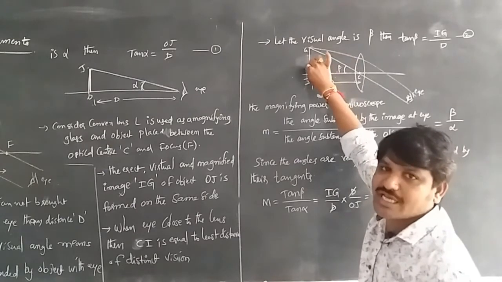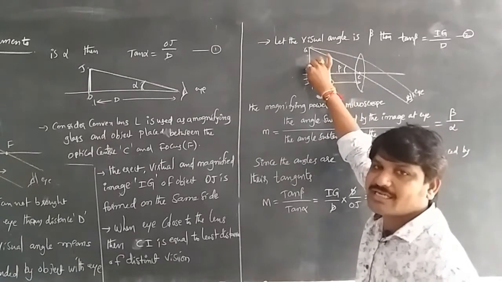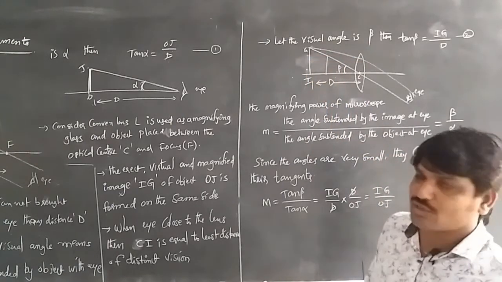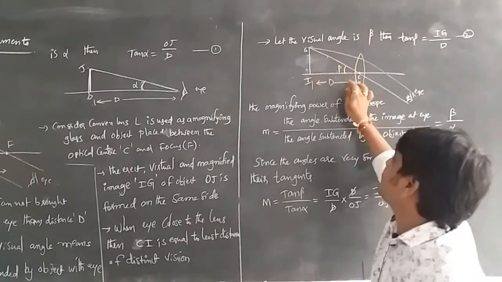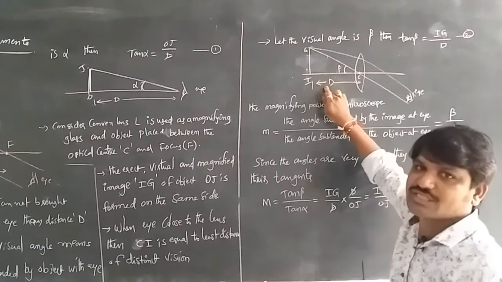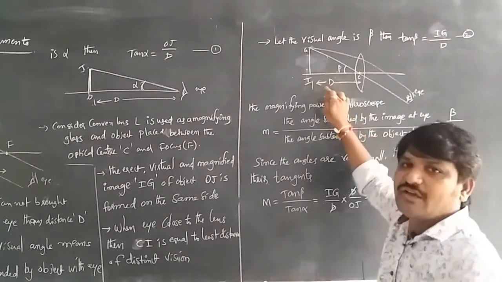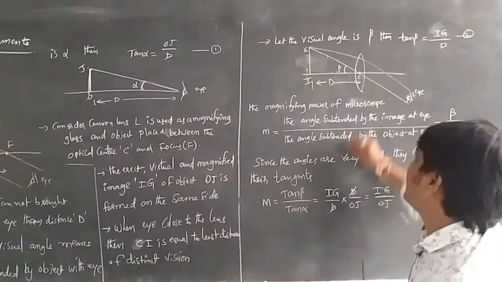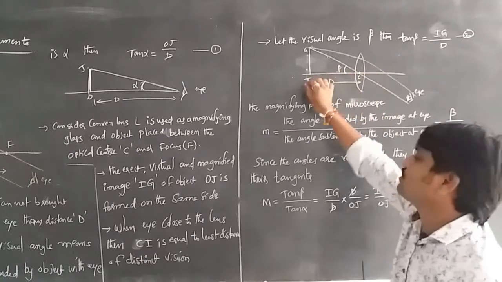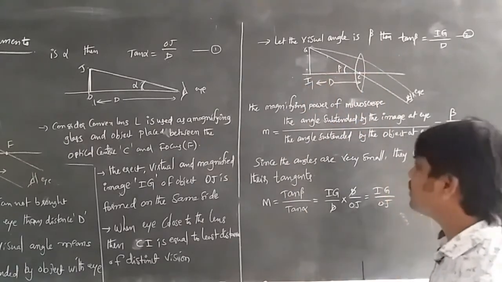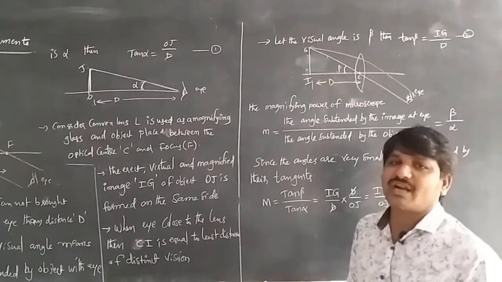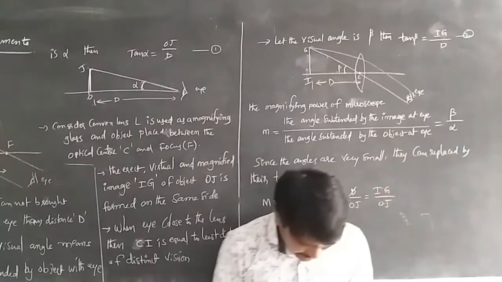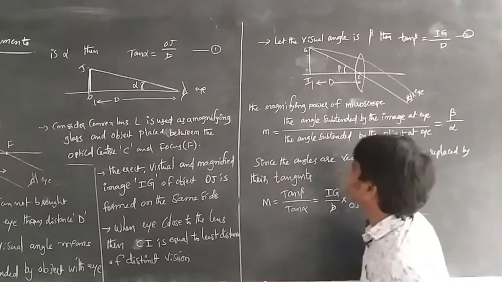This magnified erect virtual image is formed by the biconvex lens, the simple microscope. The image is formed at a distance of D, with visual angle beta. So what is the magnifying power of the lens? Let us look at the magnifying power.